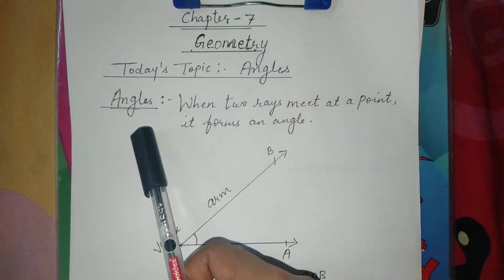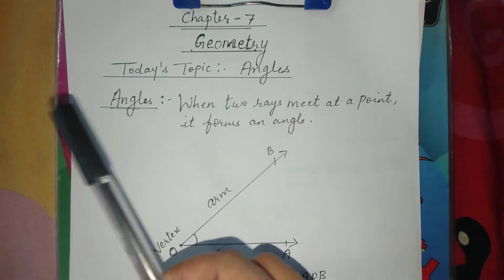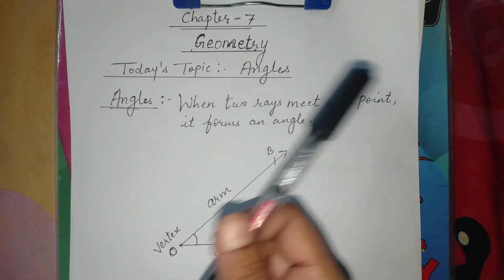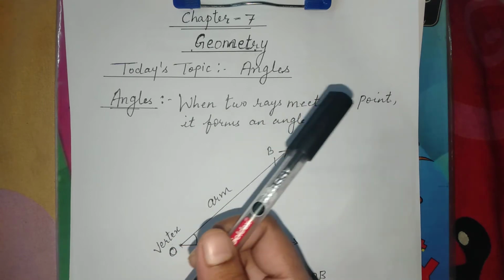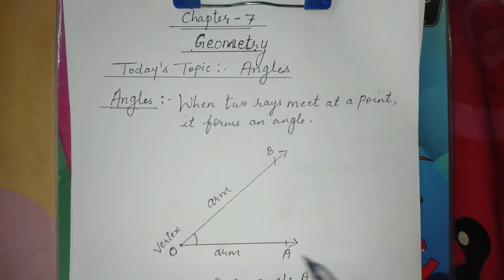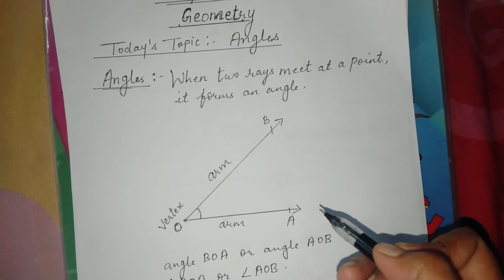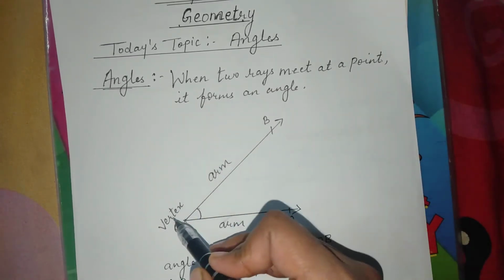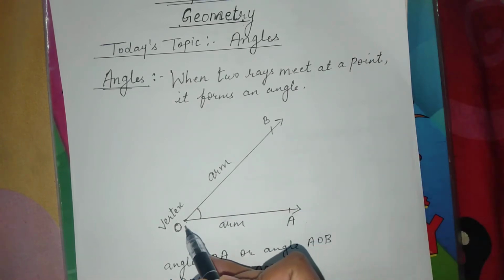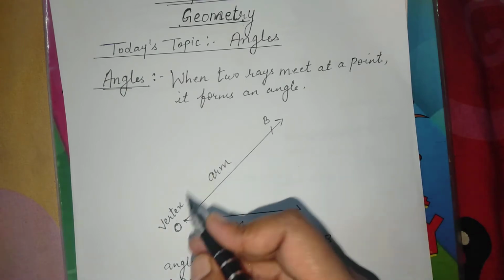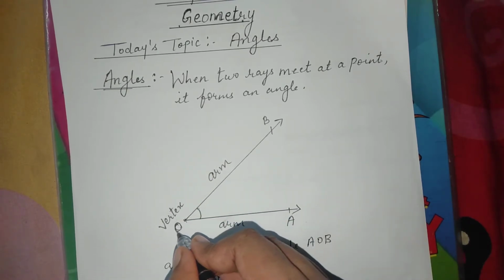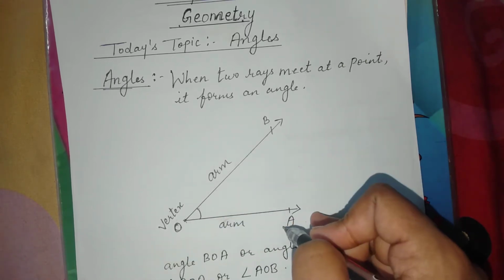What is an angle? The question arises, what is an angle? When two rays meet at a point, it forms an angle. If you see this diagram or figure, you will get it. When two rays, ray OB and ray OA, meet at point O, they form an angle.